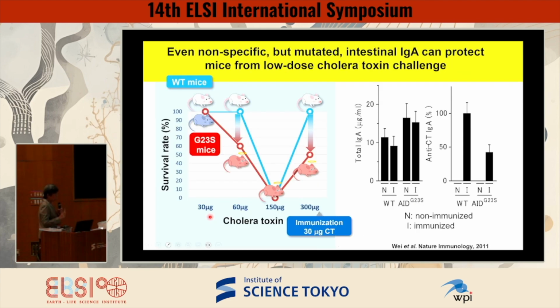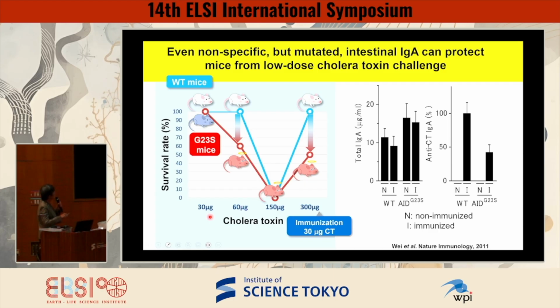And then from this mouse experiment, I have to tell you one more important thing, how powerful the intestinal IgA is. Here, I compare the susceptibility to cholera toxin challenge in these mice, because wild-type mice have very good quality IgA, so they can survive the 60 microgram cholera toxin challenge.